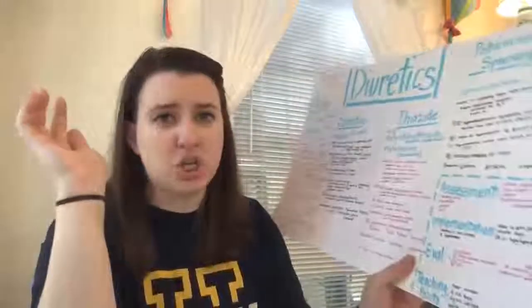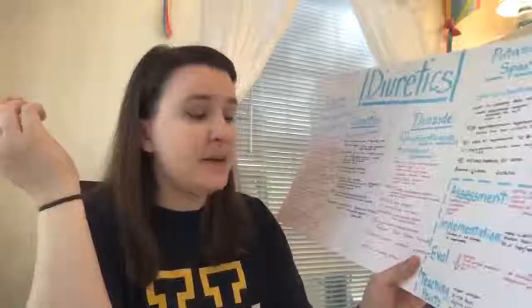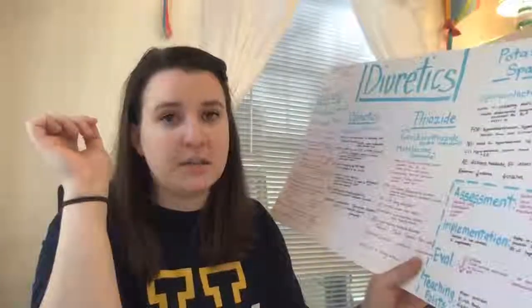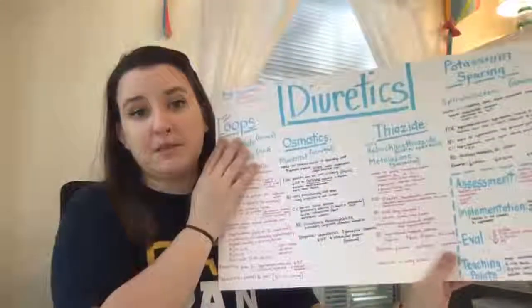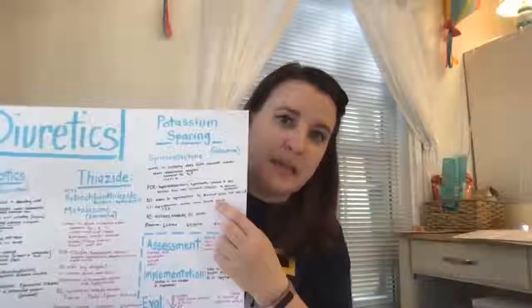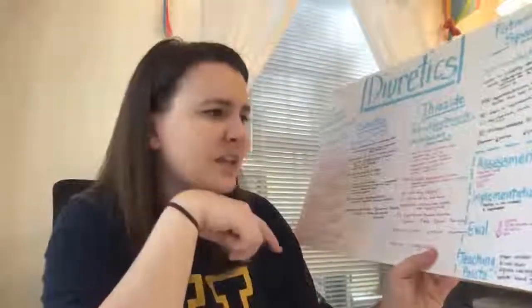Take caution in hot climates because patients can become dehydrated more easily. And if needed, give your patient potassium supplements. You're more likely to give potassium supplements here than with potassium-sparing diuretics, because with those they'll have too much potassium, whereas here they won't have enough potassium. So just something to think about.